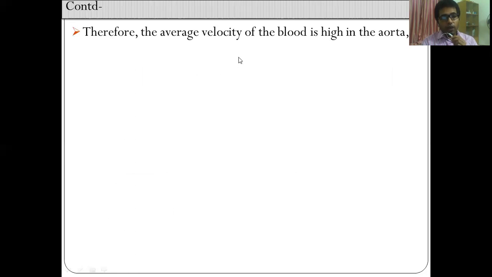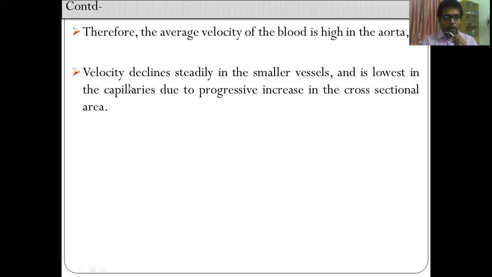Okay, now therefore the average velocity of blood is high in the aorta, and velocity declines steadily in the smaller vessels and is lowest in the capillary due to progressive increase in the cross-sectional area. Just now I have shown the different cross-sectional areas of different vessels.